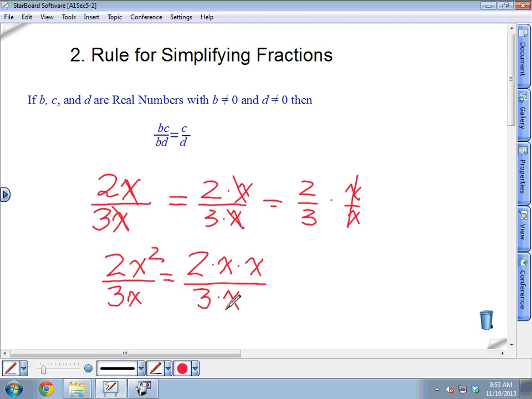What this property is telling me is that if I have something on the numerator the same as something on the denominator, I can cancel them out. But notice they're all to the first power. Get everything to the first power, and now I can cancel out these 2, and I'm left with 2x over 3. So that's the rule for simplifying fractions.